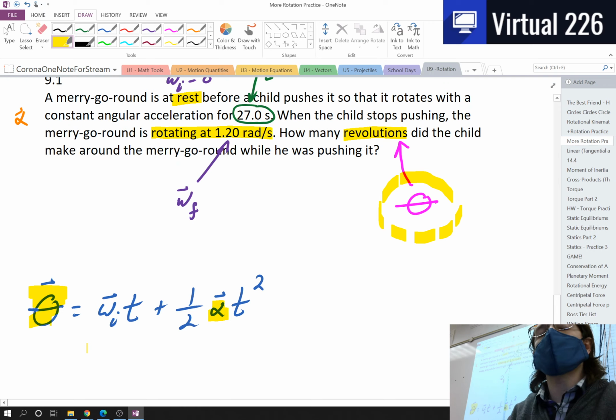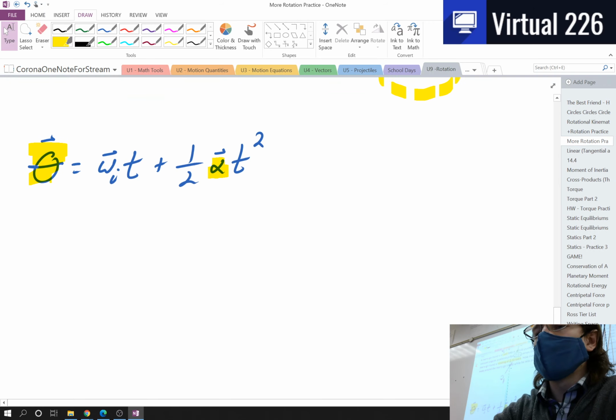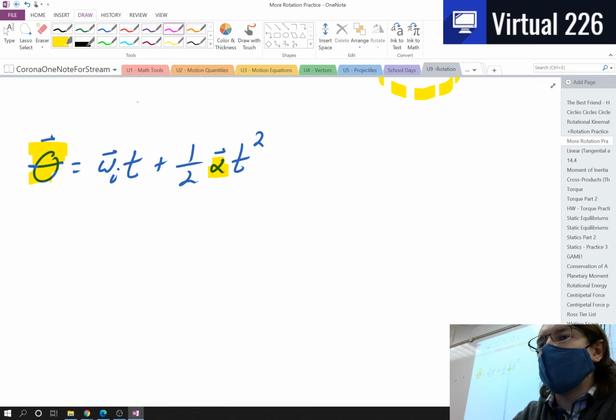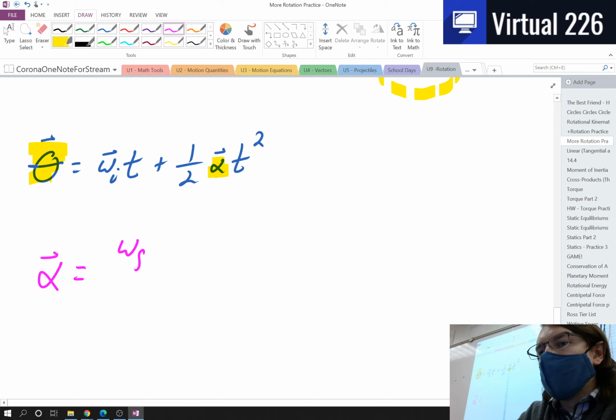So this is actually a two-stepper of a problem. What we have to do first is find this alpha. So we can use equation 2r to do that. We can say alpha equals the final angular velocity minus the initial angular velocity divided by some amount of time.